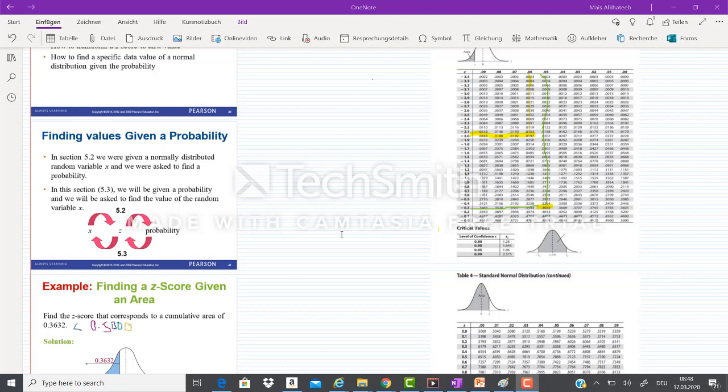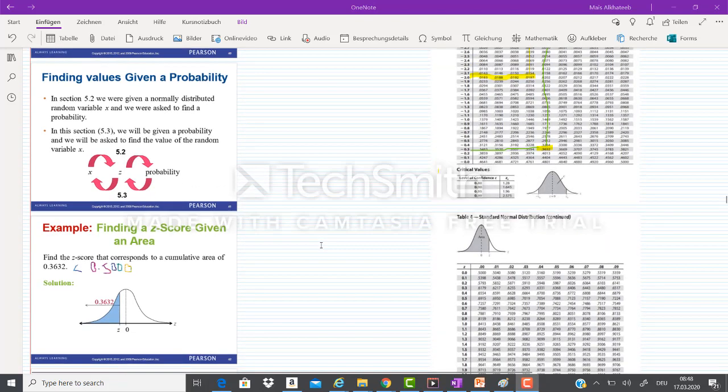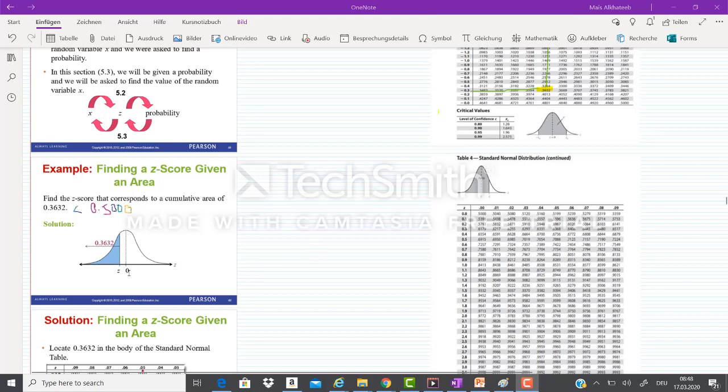At first, we will learn if I have a probability, how I find z. Take this example: find the z-score that corresponds to a cumulative area of 0.3632.